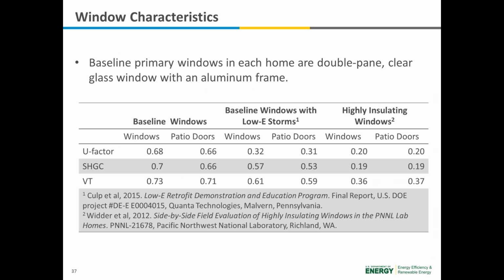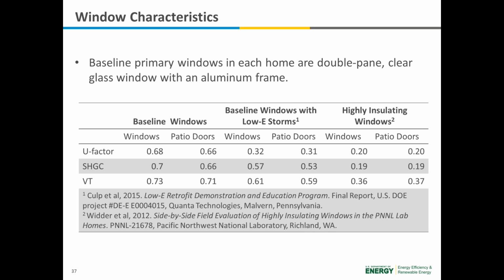When looking at the interior low-E storm windows behind the baseline windows, we can see a reduction in the U factor, solar heat gain, and visible transmission. And we also see that for the patio doors too, even though we weren't able to actually test that. So basically what this equates to is, with the interior low-E storm windows, we see about a 53% reduction in U factor, 19% reduction in solar heat gain coefficient, and about a 17% reduction in visible transmittance.